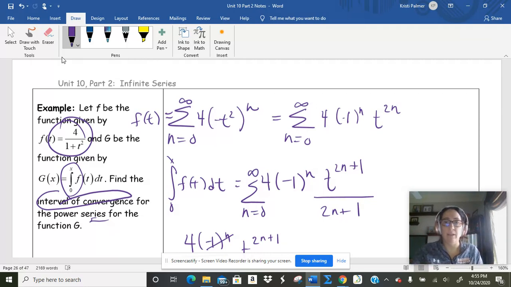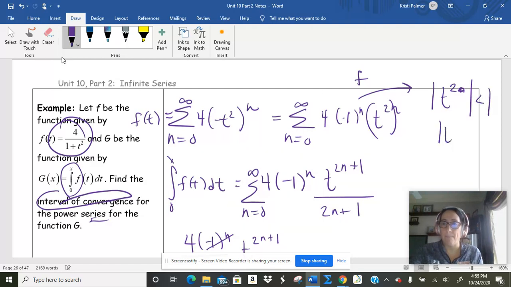So all the way back up here, from the very original f, I know that I'm looking for where this guy, not the n, is less than 1. And that's going to happen when t is in between 1 and -1.